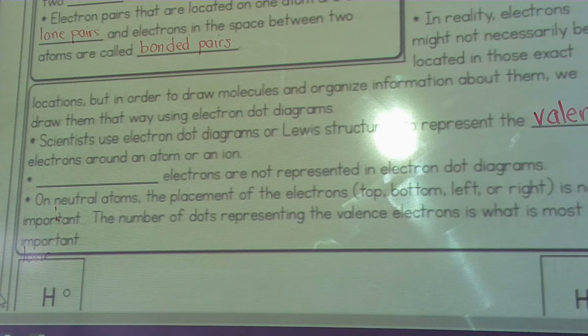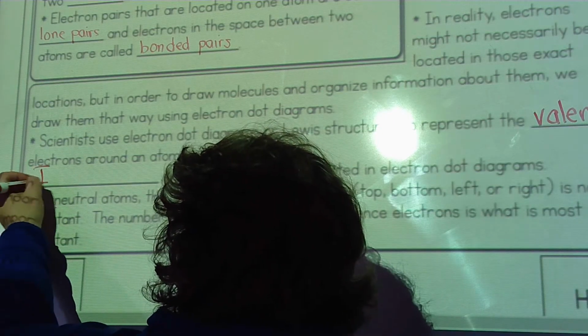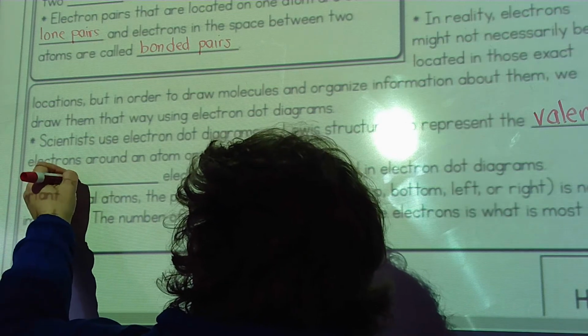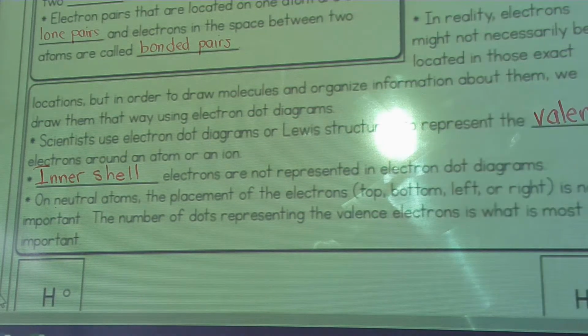So we are seeing just the valence electrons. Those inner shell electrons are not important to what we're doing, so they're not represented.